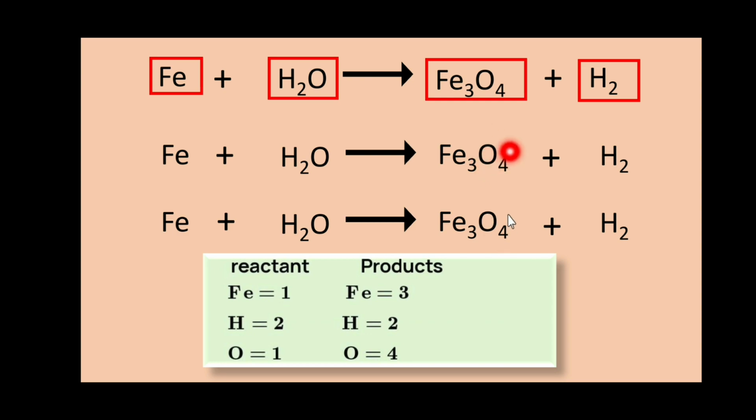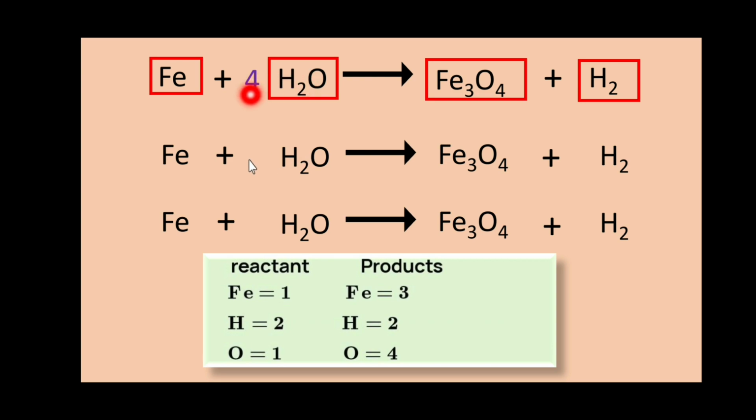Here oxygen has 4 atoms of its own. On the reactant side only 1 oxygen atom is there. So to balance the oxygen atoms on both sides, we have to place 4 as a coefficient with the water molecule.